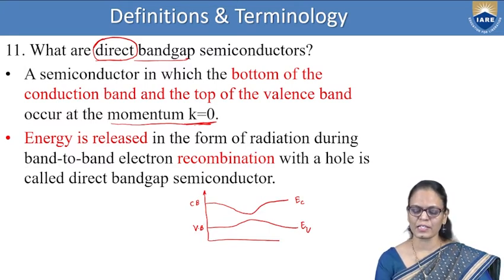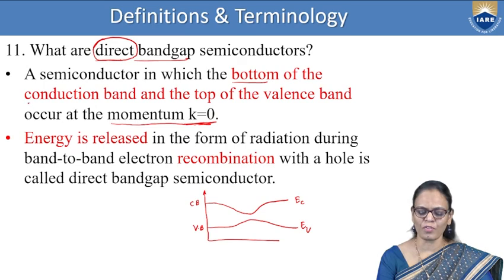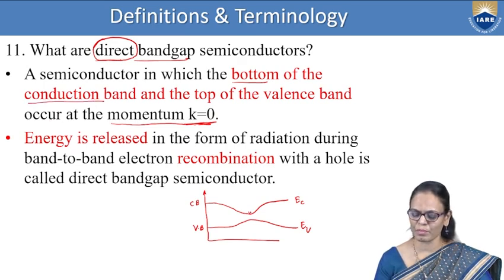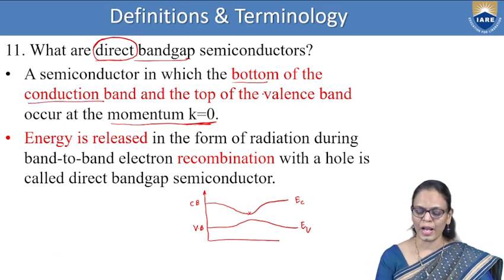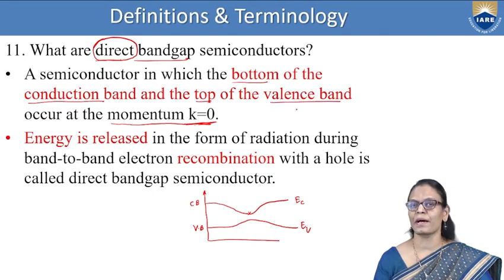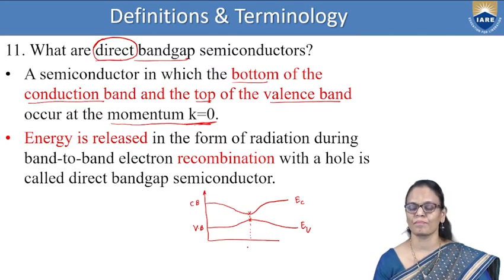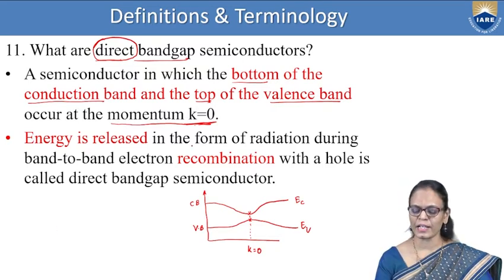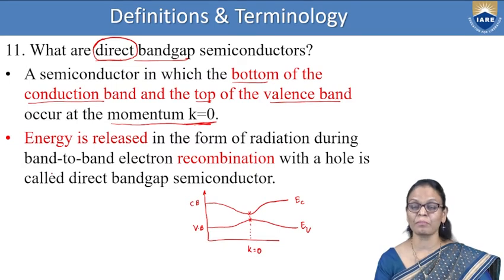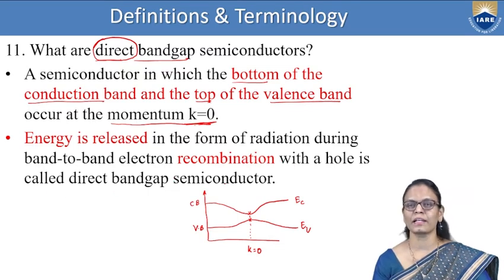So what we are understanding here: this is the bottom of the conduction band and this is the top of the valence band. They occur at the same momentum, K equal to 0. Then we say it is a direct band gap. Energy is released in the form of radiation during band-to-band recombination of an electron with a hole, and we call it a direct band gap semiconductor.